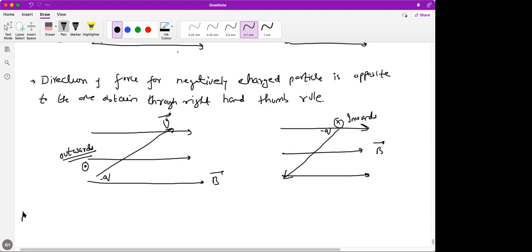The next topic is path of charged particle in magnetic field.